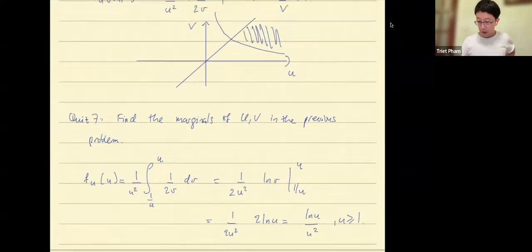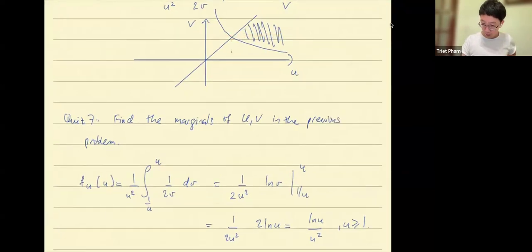Actually, the density of V is tricky, because it depends on where V is. This point is 1, 1. If V is less than 1, then it's a different value than if V is greater than 1.